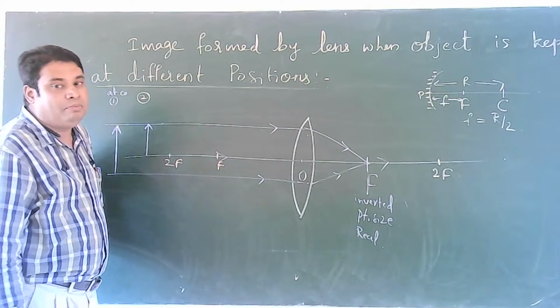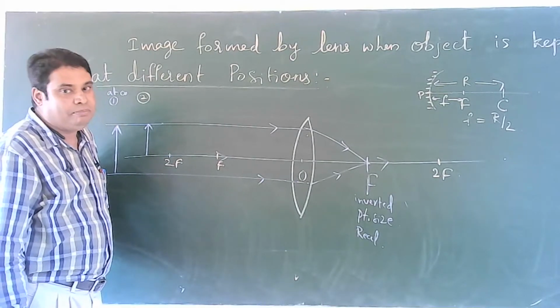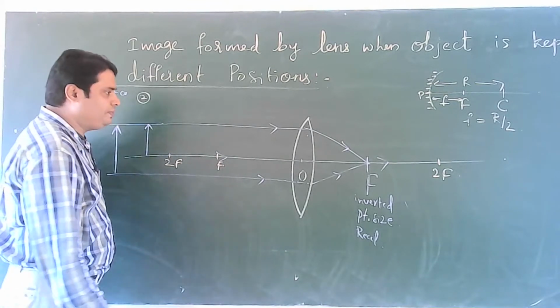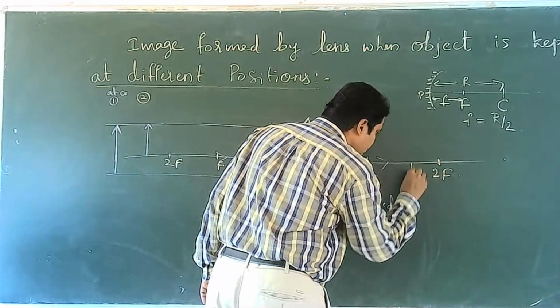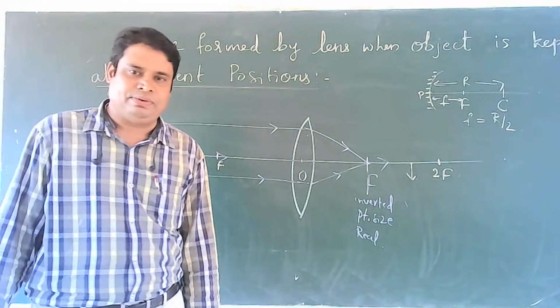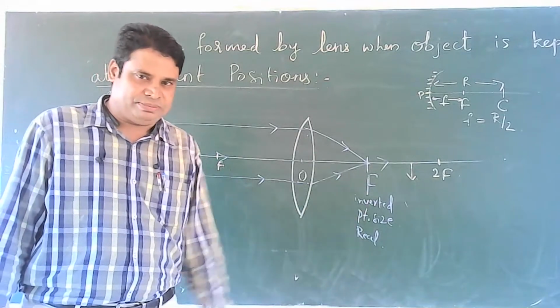When the object is placed beyond 2F, your image will form between F and 2F. See the image, we can understand the nature.